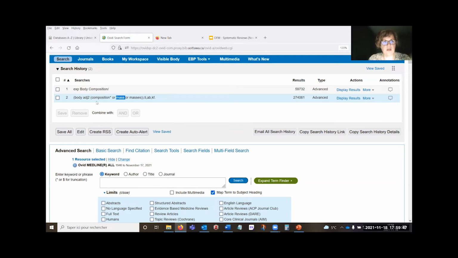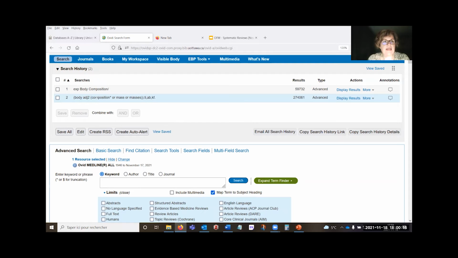I am making it a bit more complicated, and I'm sorry. I'm using parentheses, and I still need to explain why that's important. So these 3 expressions are searched with OR. What I'm saying is, I'm okay if I find body composition, body mass, or masses of body, I guess.